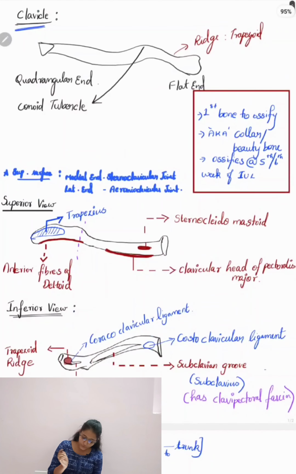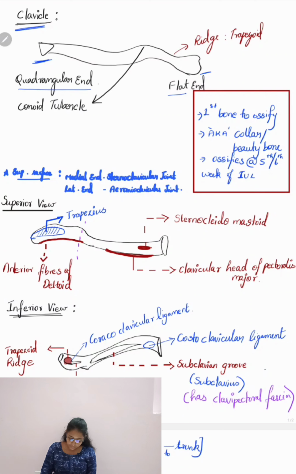It has two ends, the lateral and the medial end. The lateral end is quadrangular in shape and the medial one is a flat end. These are a few points about the clavicle.